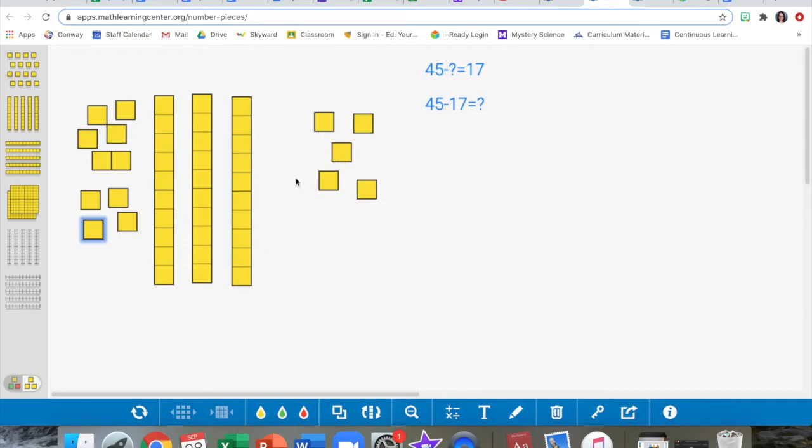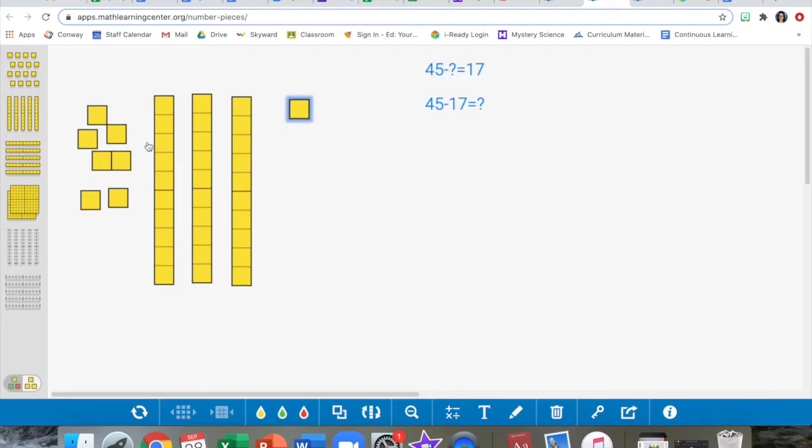But now we can subtract the 7 ones in 17. So let's 1, 2, 3, 4, 5, 6, 7.